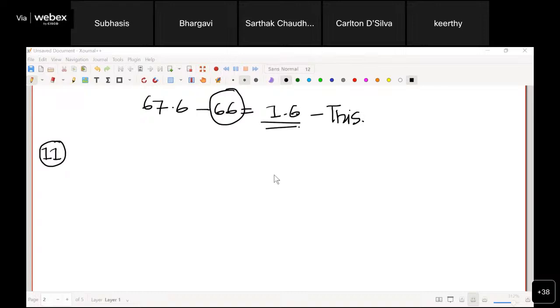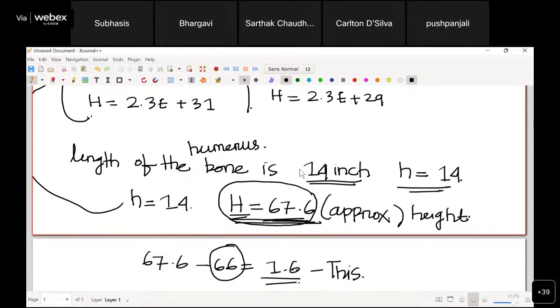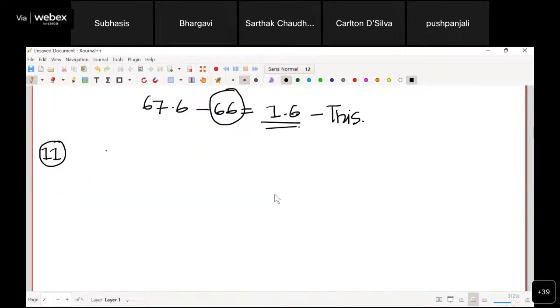Yeah, so someone asked me question number 11, right? So basically what it's saying is that you just need to add all these things. A student actually discovered a new formula.